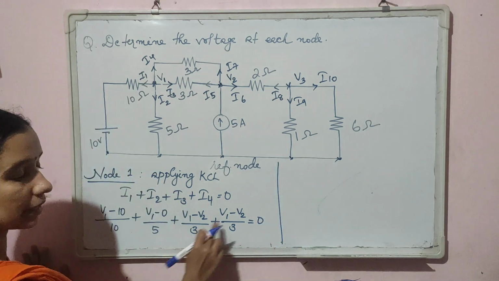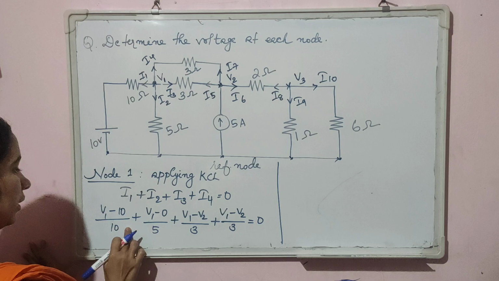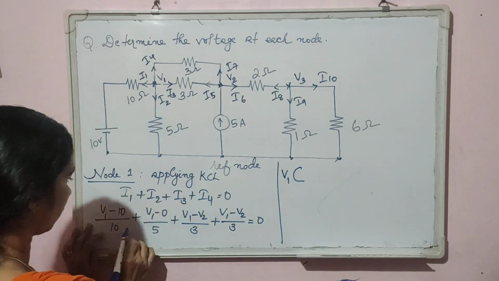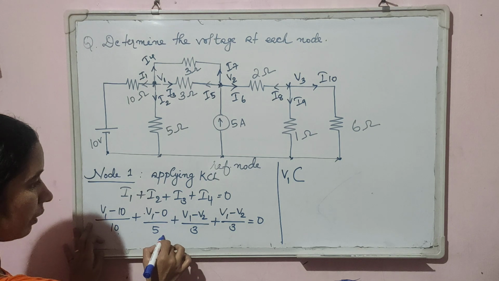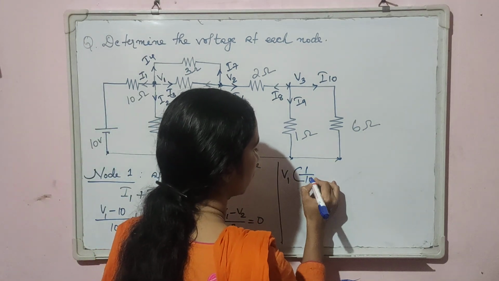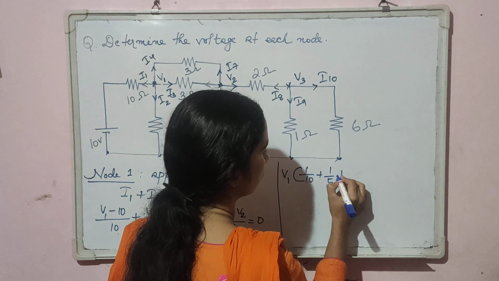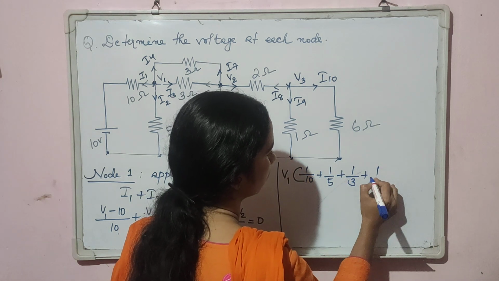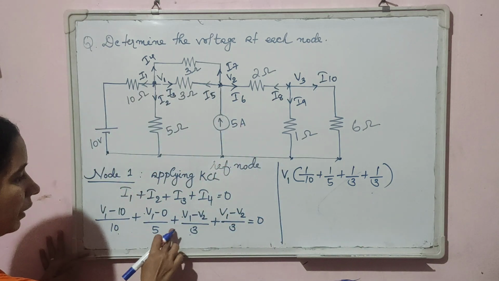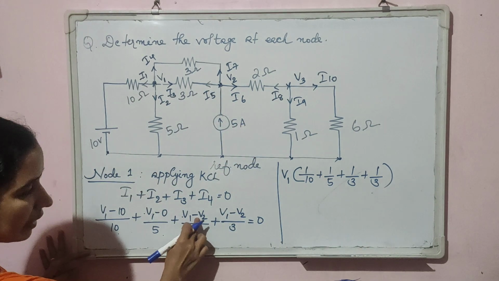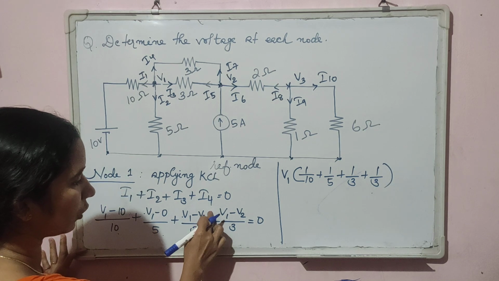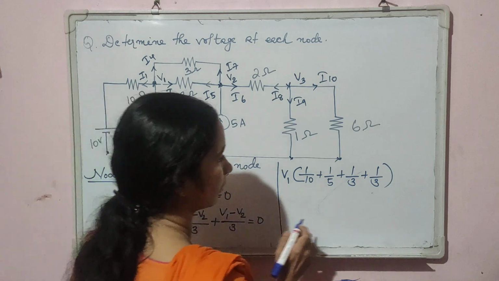Okay, now let us simplify the equation. I am taking V1 common outside. So V1 into 1 by 10 plus 1 by 5 plus 1 by 3 plus 1 by 3. Then I am taking minus V2 common outside, so minus V2 into 1 by 3 plus 1 by 3.